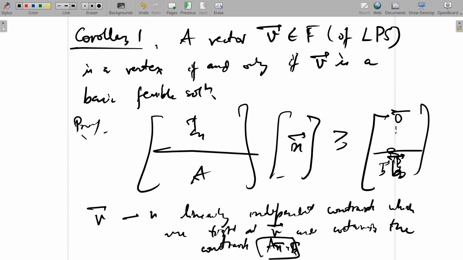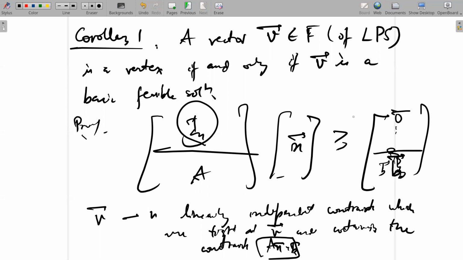These are already tight constraints, right? So these m constraints have to be there. So the only option you have for a vertex is to choose n minus m of the other constraints to be tight. And what does tightness mean here? It just means x is equal to 0. So you have n minus m variables where the value of x is 0, and this is beginning to look very familiar, like which of these columns correspond to basic and non-basic.